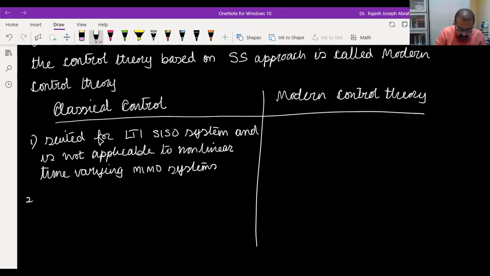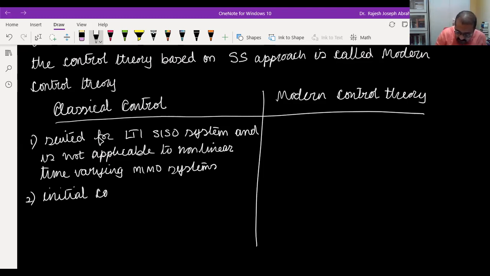Then second, from the definition, it is clear that if there are initial conditions, they need to be dropped. That means initial condition dynamics cannot be included in the transfer function model.